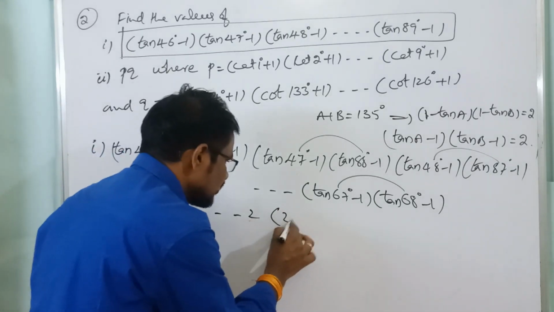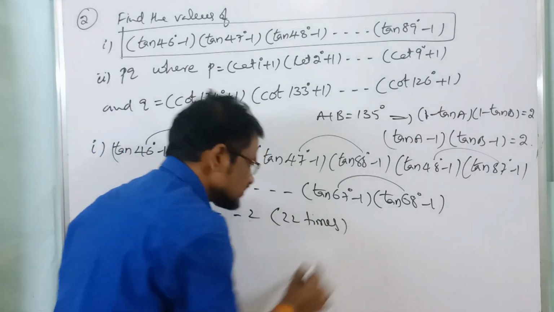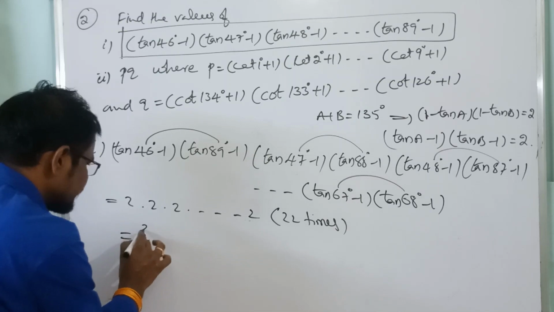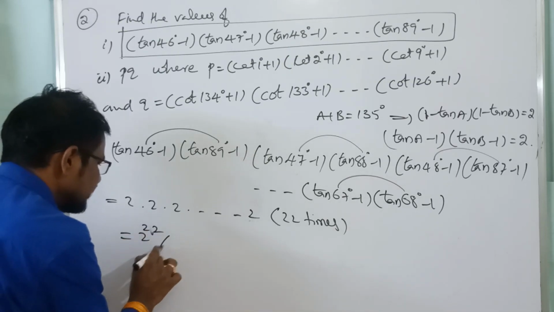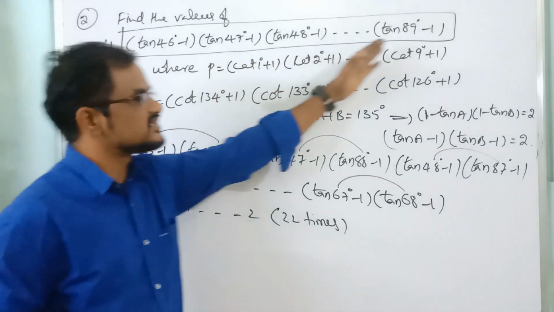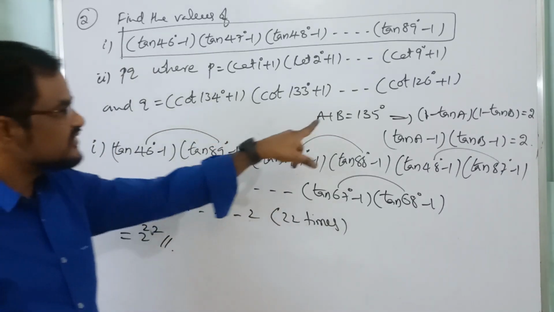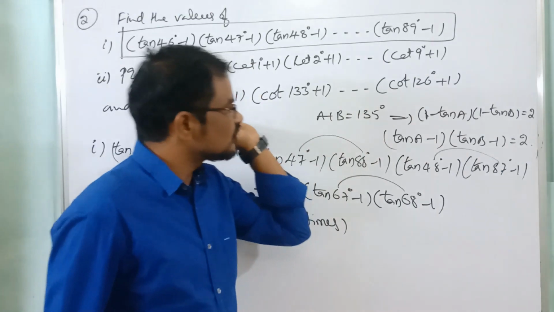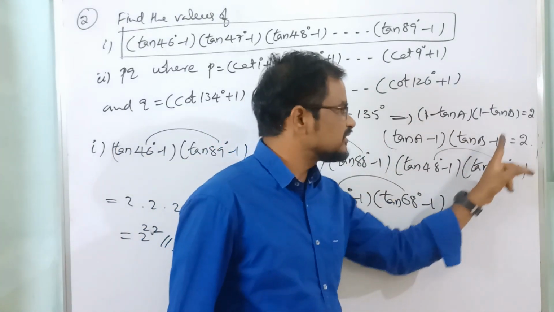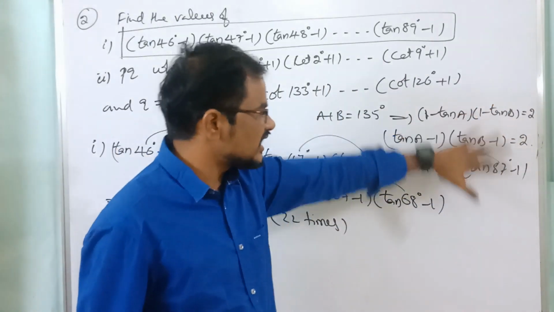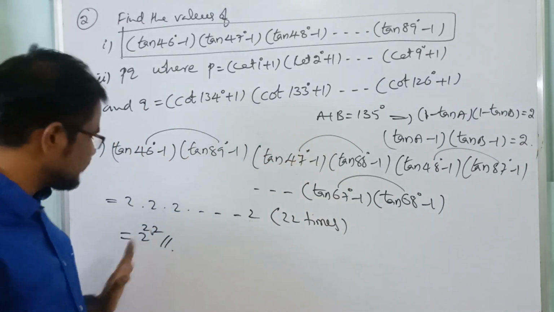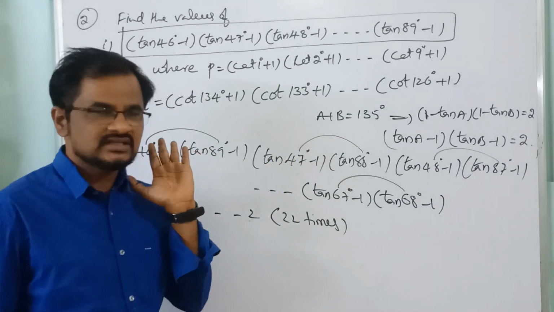Total 22 times, right? So that is 2 power 22. So the value of this given series is 2 power 22, by using which condition? a plus b equal to 135, (tan a minus 1)(tan b minus 1) equal to 2. If you know this condition, simply we can find the value of this one, right?